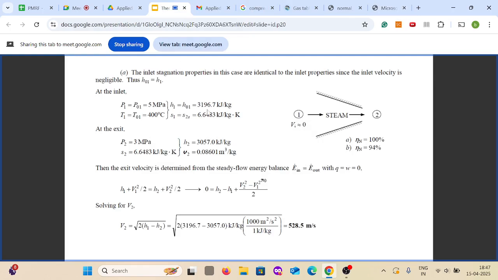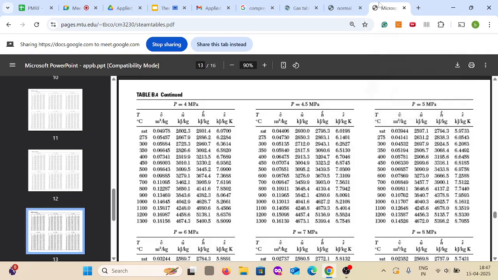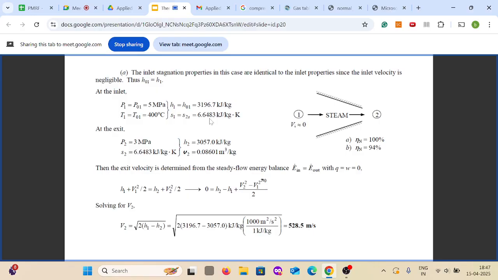You get 3195.6 in the table, here it is 3196.7, and similarly entropy is 6.6458. Next, similarly, you can take the same 3 megapascal and the same entropy to find out the enthalpy at the exit and the specific volume.